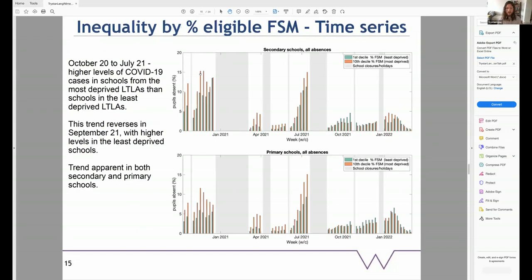Here I'm actually plotting all COVID absences, but the trends in confirmed cases are reflected in the trends in all absences. And we see high levels of absences in the most deprived schools by this measure. Once again, this flips after the summer of 2021. This is true in secondary and primary schools.